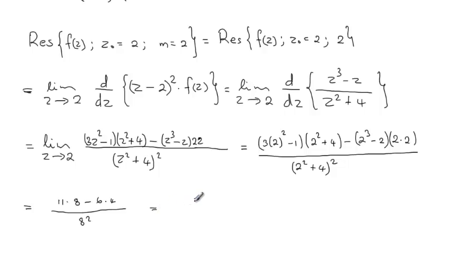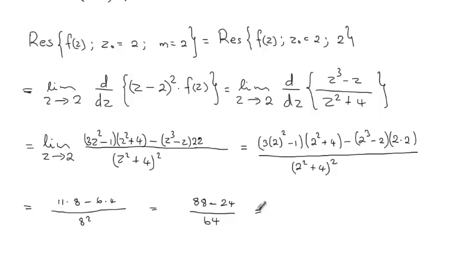So we have 88 minus 24 all over 64. Please check my calculations. The numerical errors, you must be able to detect that.